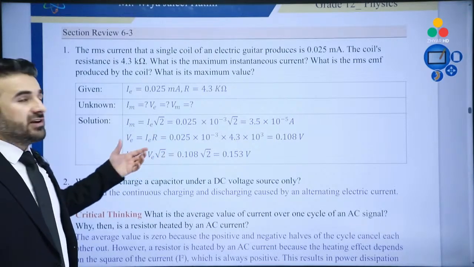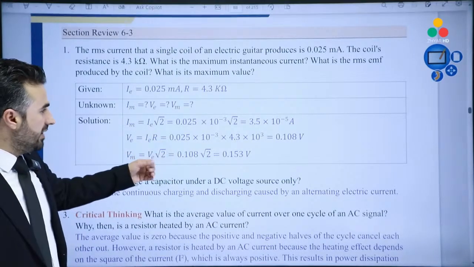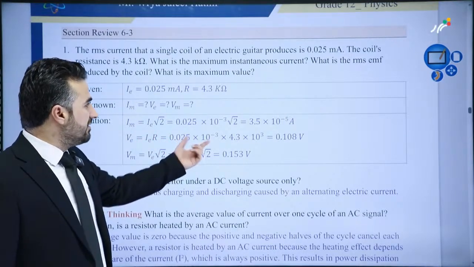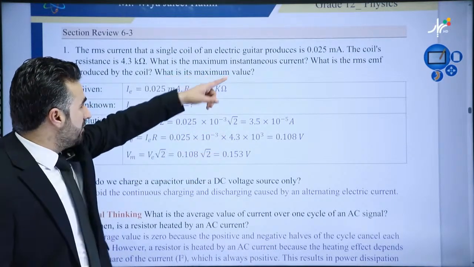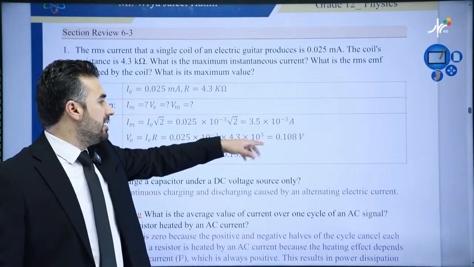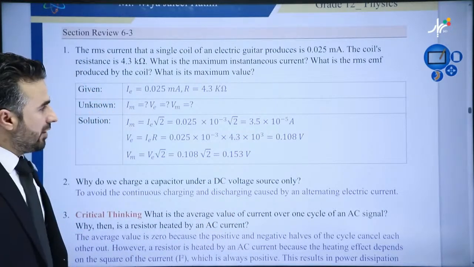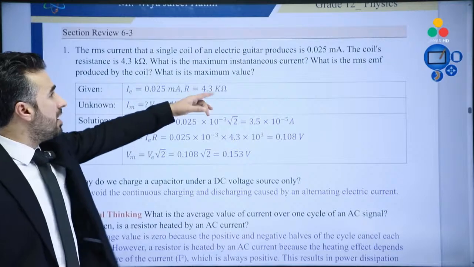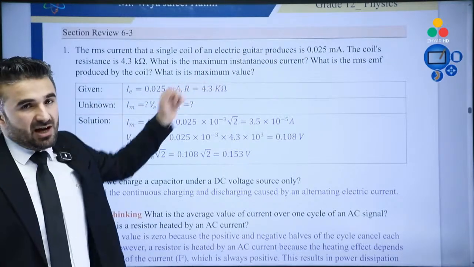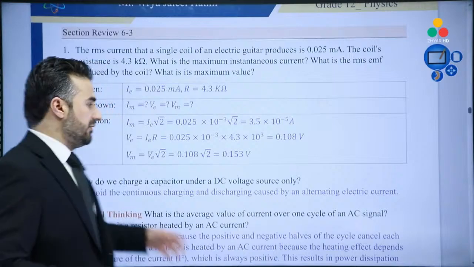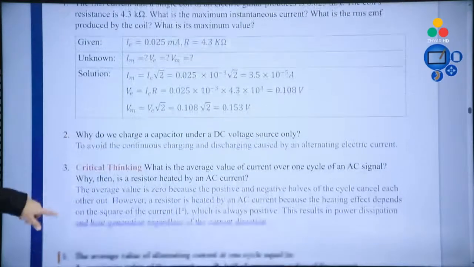V effective equals I effective times the resistance, which is 0.108 by rounding. The maximum value for the voltage is V effective times the square root of 2. You just plug in the numbers and you'll find the answer.